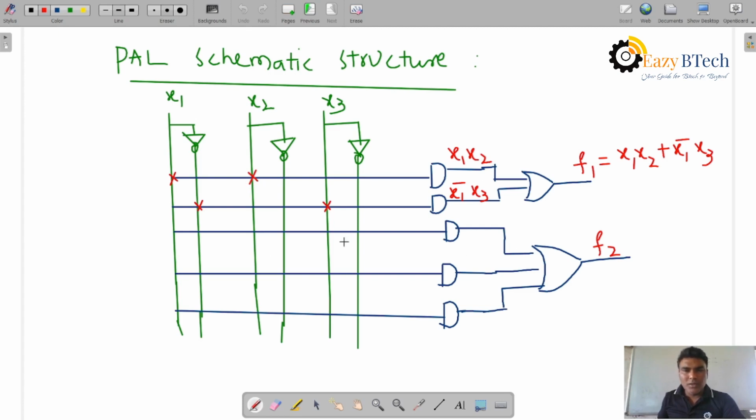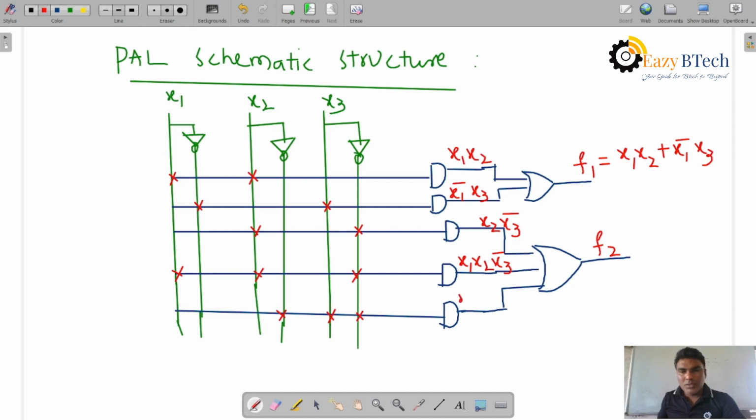Then the f2 function: let me take x2 and x3 complement. This is x2 and x3 complement, and it is an AND gate. For example, x1, x2 and x3 complement. Then another third AND gate for this f2 function: x2 complement, x3, x3 complement.